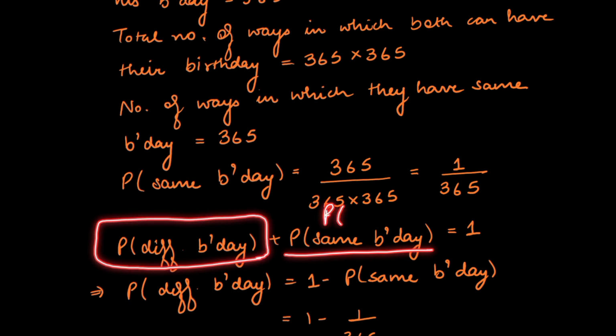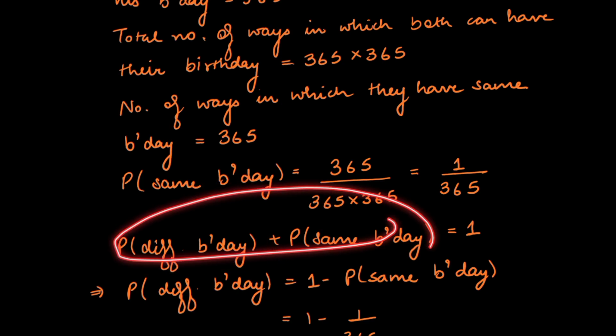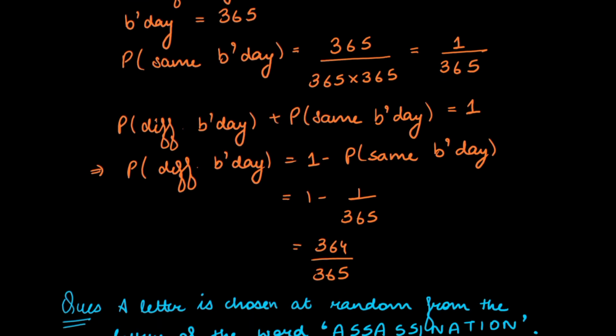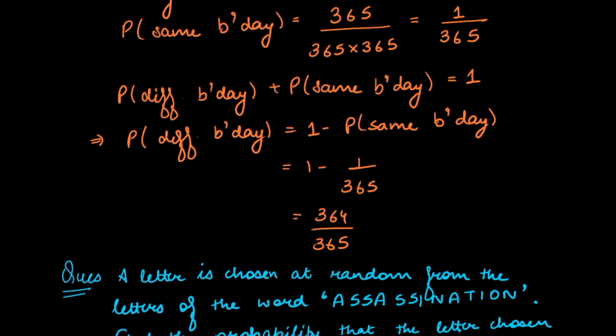So, probability of an occurrence of an event and probability of non-occurrence of an event, adding them together, we get 1. So, the probability of having different birthdays is the probability of having the same birthday subtracted from 1. So, 1 minus 1 by 365, that is 364 by 365. So, this is the probability of them having different birthdays.